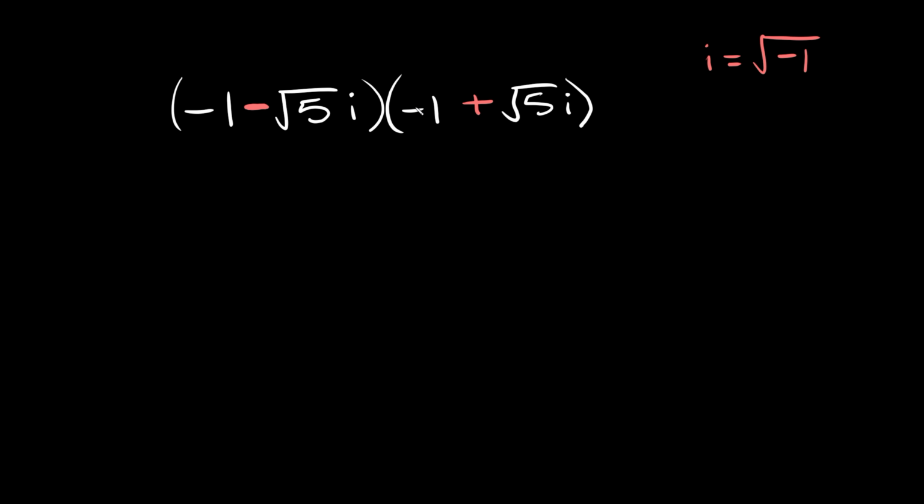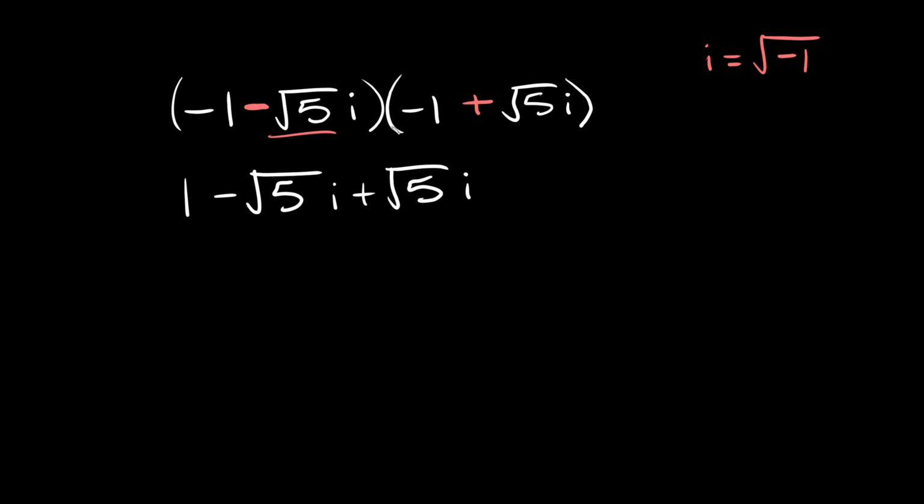So first of all, -1 times -1 is +1, and then -1 times positive root 5i is equal to negative root 5i. And then in the middle, we have negative root 5i times -1, which is equal to positive root 5i. And then lastly, negative root 5i times positive root 5i.